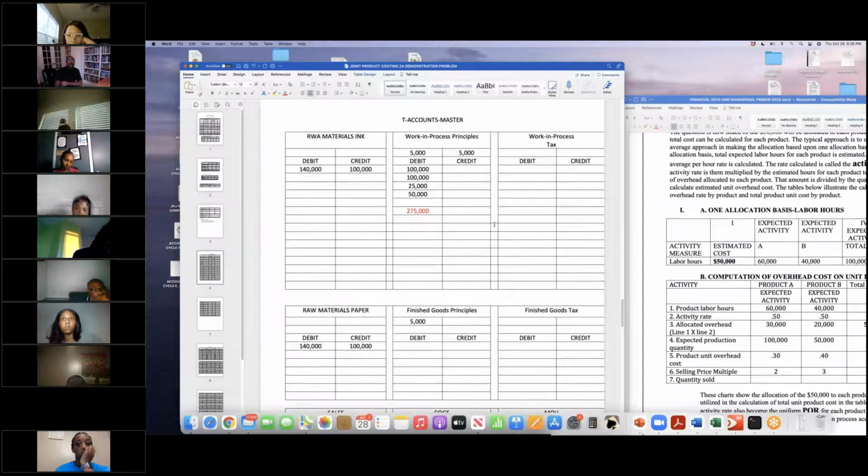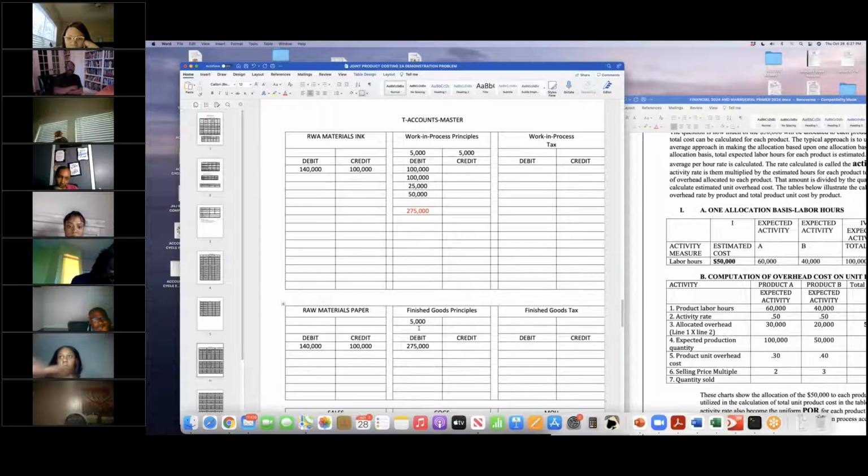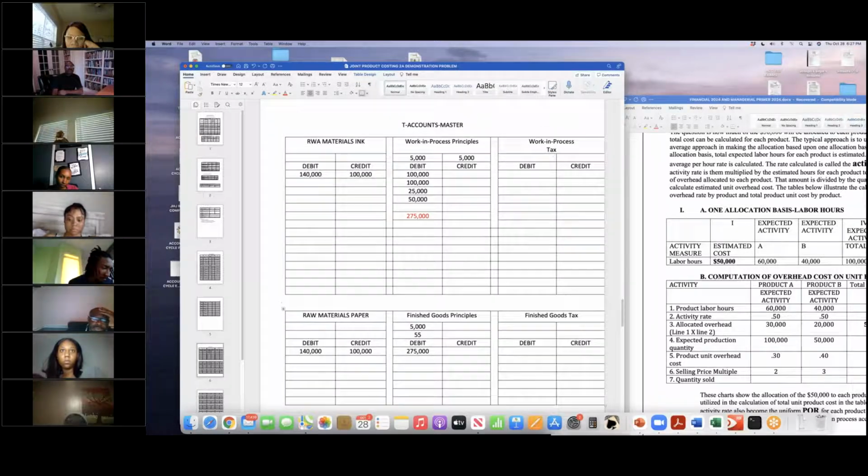The key thing is getting it transferred out. And what's the unit cost of these books going to be? $55. Take your word for it, 55.